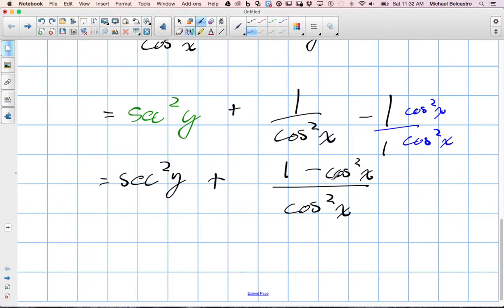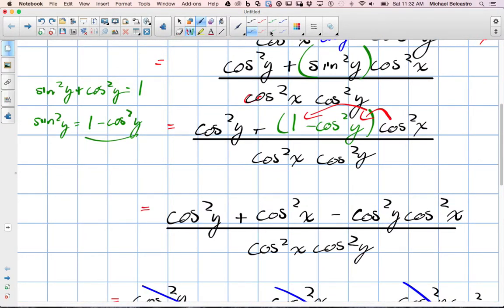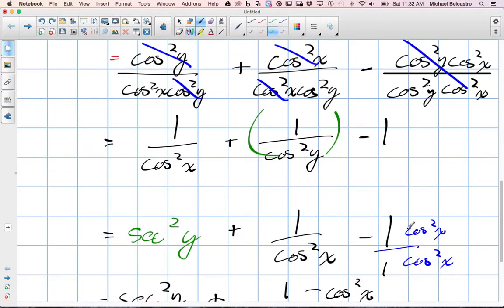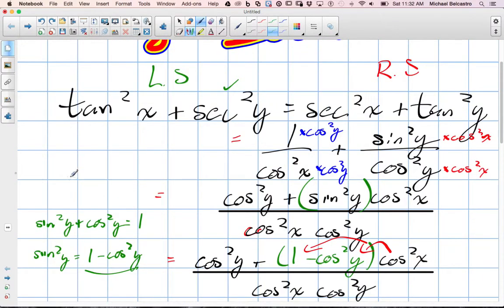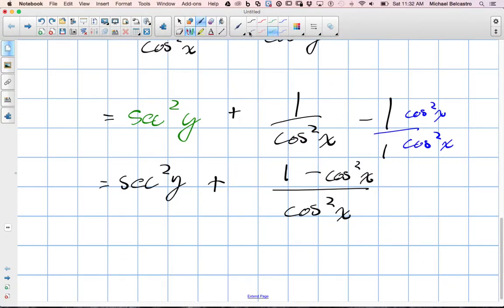If you remember before, way up here with our Pythagorean identity, I could write cos squared x is equal to 1 minus sine squared x, and sine squared x is equal to 1 minus cos squared x. So I'm going to replace the top of this with sine squared x.